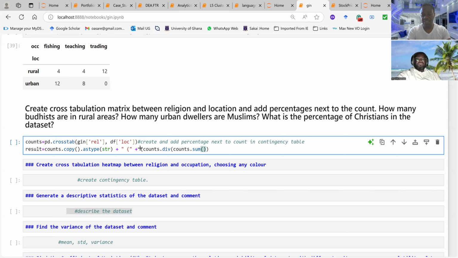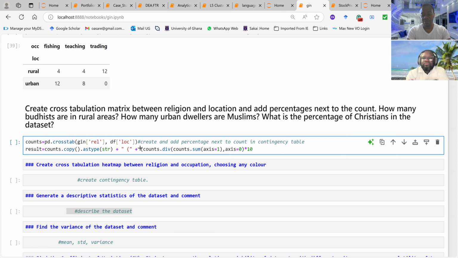So you add the axis equated to 1, and then the second axis is 0 because we are taking a sort of a dummy. Then you multiply it by 100.